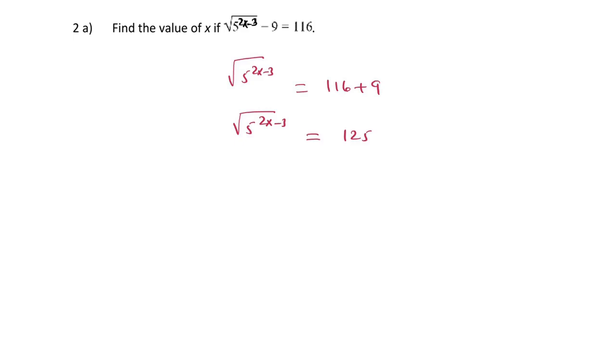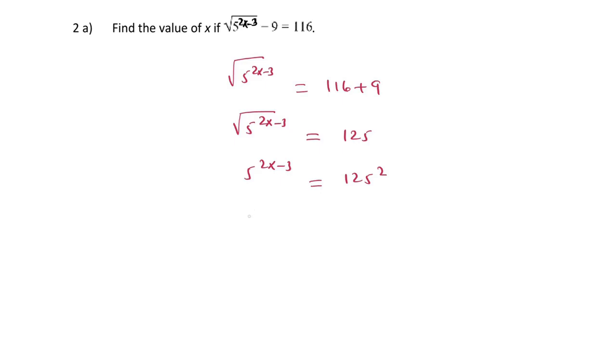Okay, so next we are going to square both sides in order to eliminate the root. Then our equation is going to be 5 power 2x minus 3 equals 125 power 2. Now let us express our right hand side as base 5.